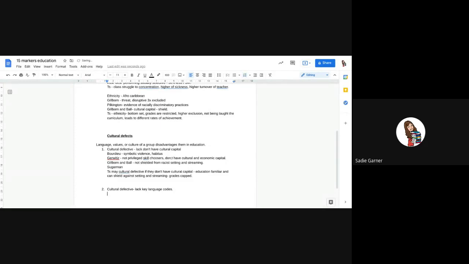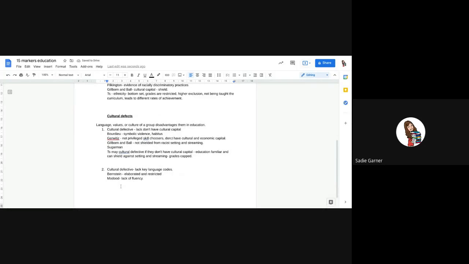So here we're going to do Bernstein, the elaborated and restricted, and Modood with a lack of fluency. I know there are different grids, but what themes them together is language. There isn't anyone else who mentions language, so it's going to stick with those 2 sociologists. Aim for 3, but it doesn't always work.